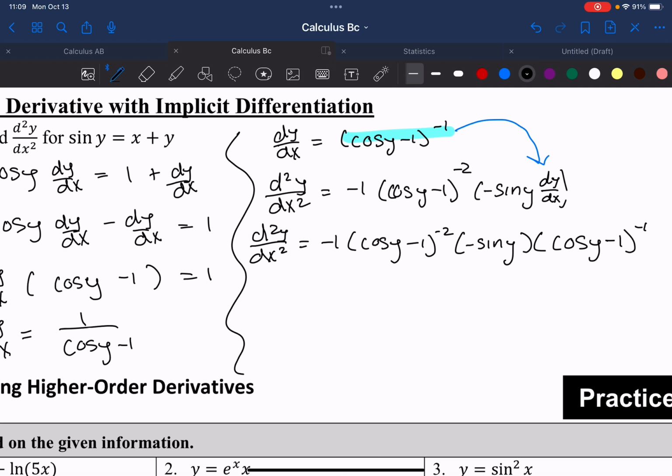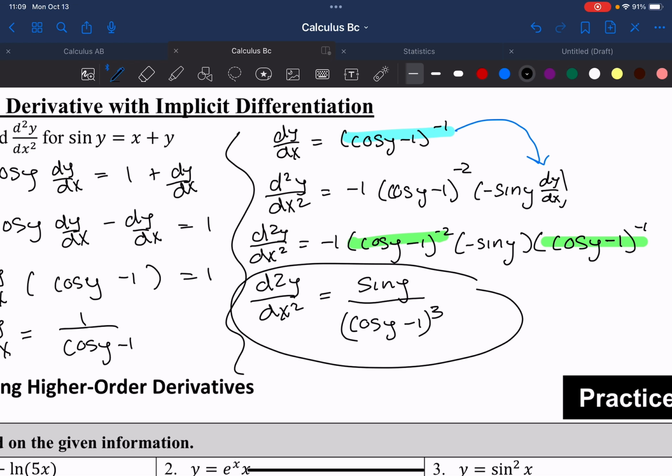Well, these cosine y minus 1 to the negative 2 and to the negative 1 both have negative exponents, so I have to bring them down to the bottom, which means they would be both to the third power. So d squared y over dx squared is equal to sine y, because negative times a negative is a positive, over cosine y minus 1 to the third power. This would be the second derivative.